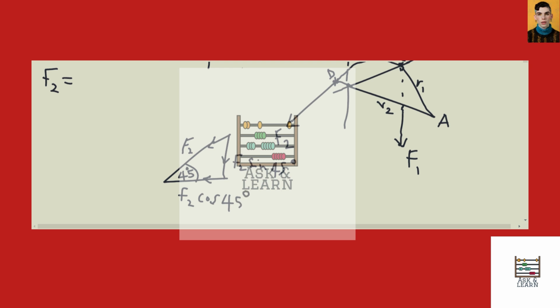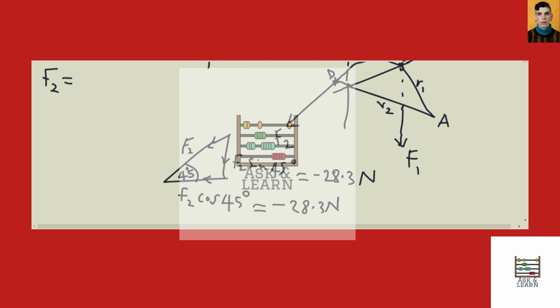When we solve this, we are going to arrive at this one to be minus 28.3 Newton, and we are going to arrive at this one to be equal to minus 28.3 Newton. So we can bring it in here now.